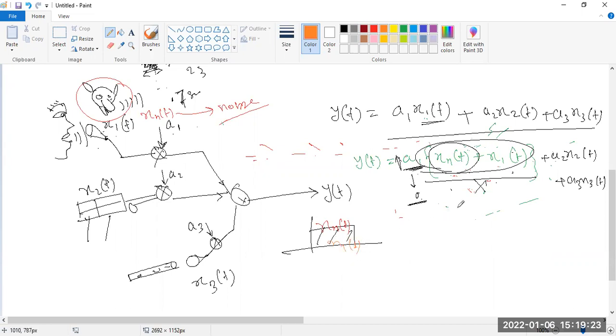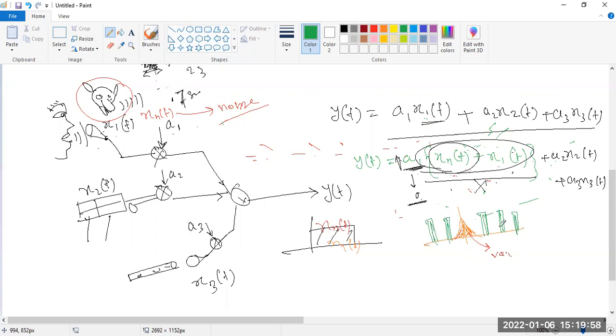But if it is a frequency domain signal, whenever the singer is singing, this is the voice signal, because it is occupying this voice band. And if a dog is barking or something is creating noise, some sound is coming just like this.